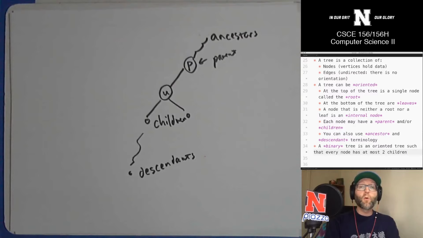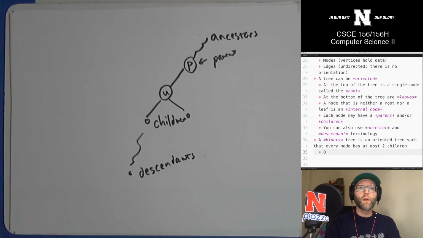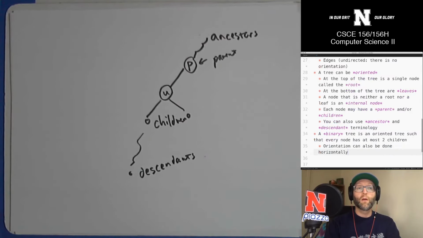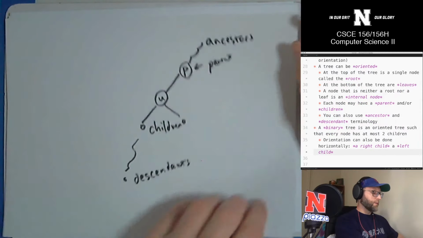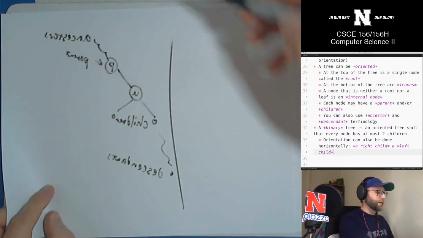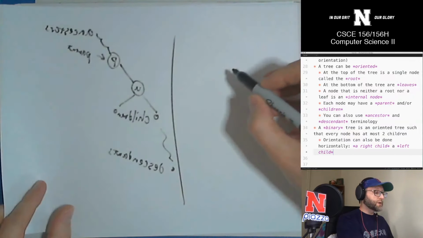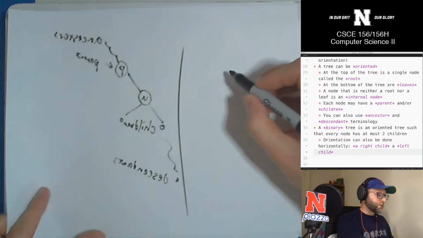Not only that, but we're going to orient them. Orientation can also be done horizontally. We can have a notion of a right child and a left child. So let me take this diagram here and look at it from a different perspective. With this restriction, we have at most 2 children.